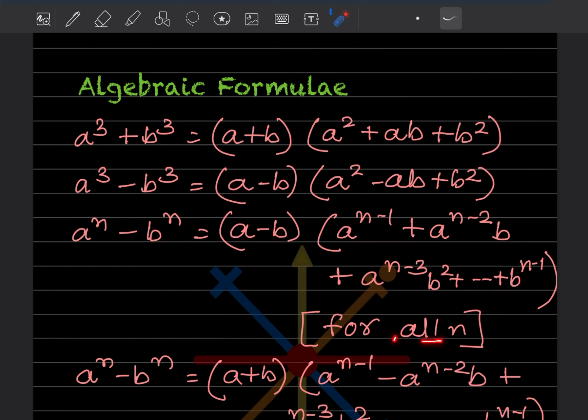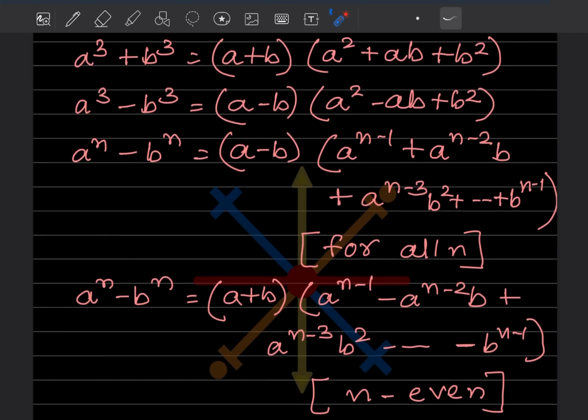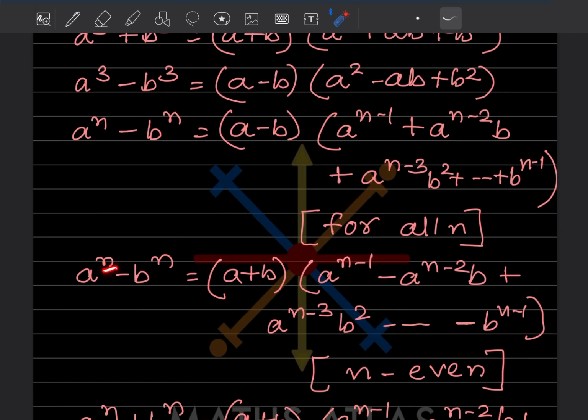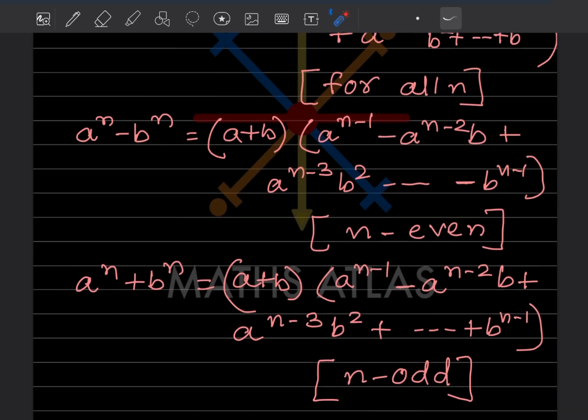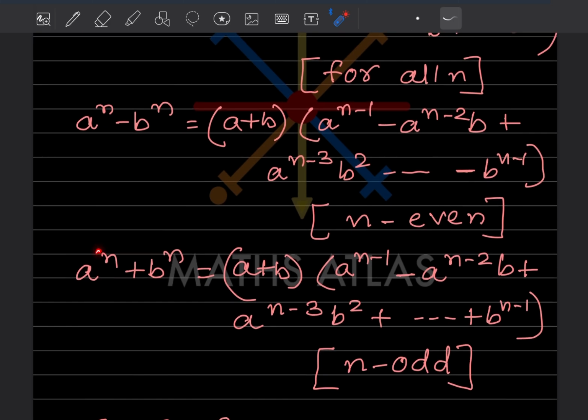But here this is for all n. The n can be any number. But if this n is even, then you can apply this formula. And if here the n is odd, this n is odd number, so you can apply this formula.